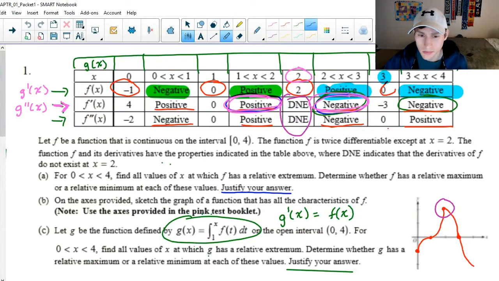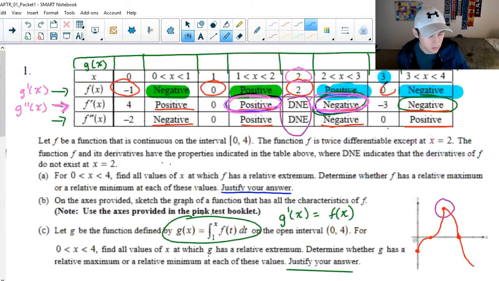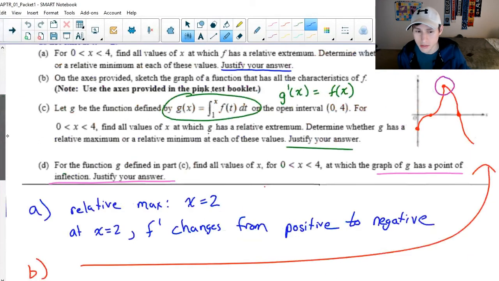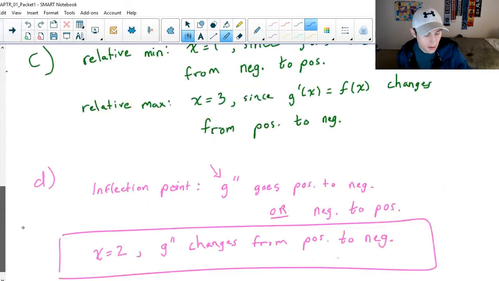All right. Well, let's go ahead and jump into this. So we talked yesterday about these first two FRQs using that table and information about derivatives. A lot of increasing, decreasing, inflection points, relative mins and maxes. What does it mean? How can we find stuff?